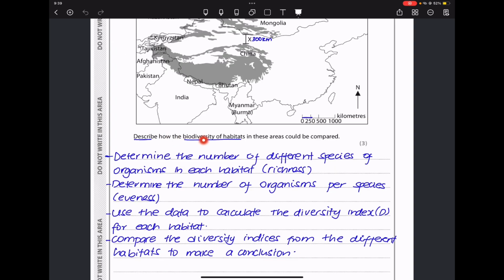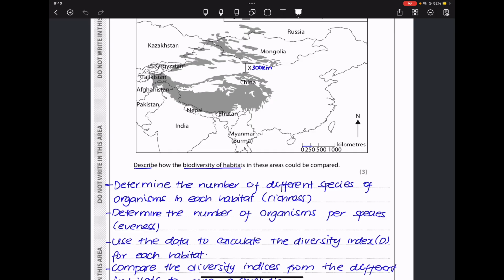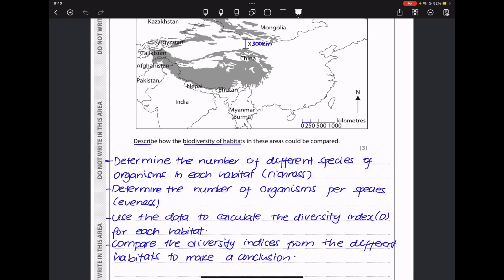They say describe how the biodiversity of habitats in these areas could be compared. To compare the biodiversity, we have to be able to get the diversity index of each of the habitats and be able to compare them. So I said we determine the number of different species of the organisms in each habitat. This is telling us about species richness. We could determine the number of organisms per species.